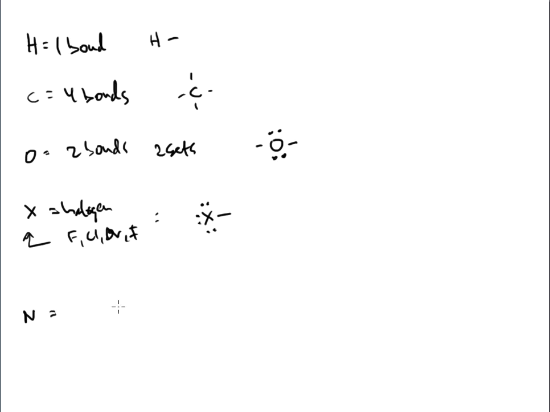Nitrogen is also a common one. Nitrogen has 5 valence electrons, all right? So the way that these things work is that they typically will have 3 bonds, and then they will have 2 electrons associated with them. So there's 1, there's 2, there's 3, there's 4, and then there's 5. So again, a shortcut. If I'm asked to draw a Lewis dot structure and it involves nitrogen, this is where my mind goes every single time in the beginning.